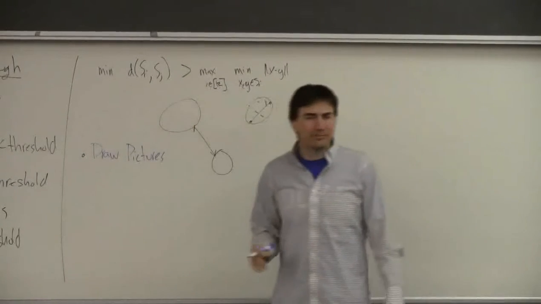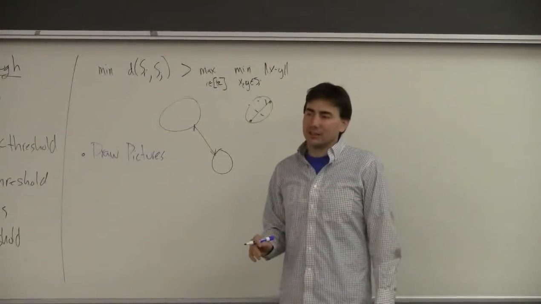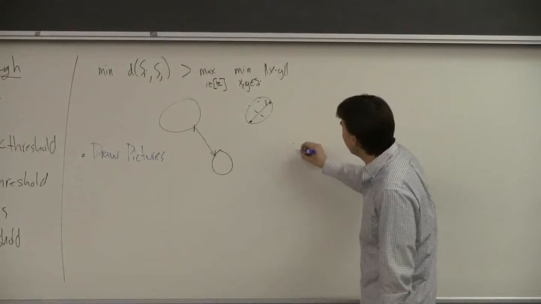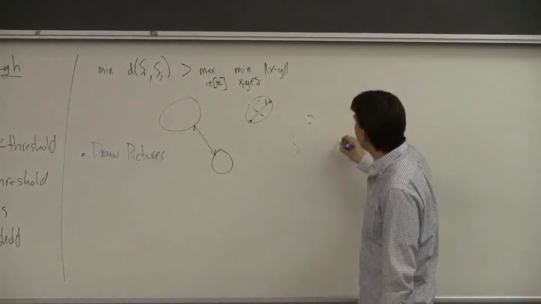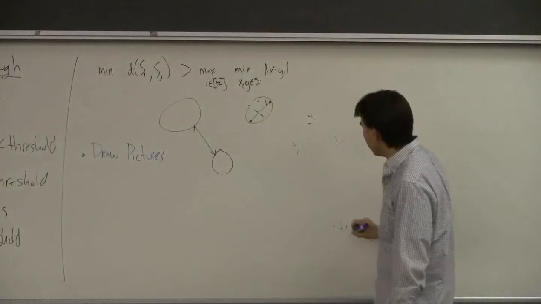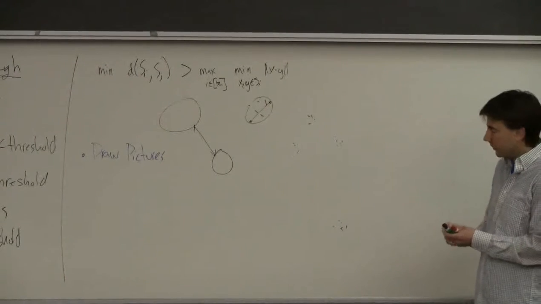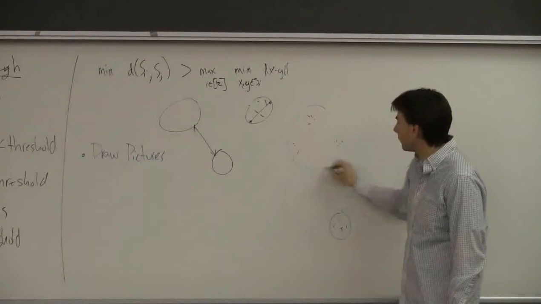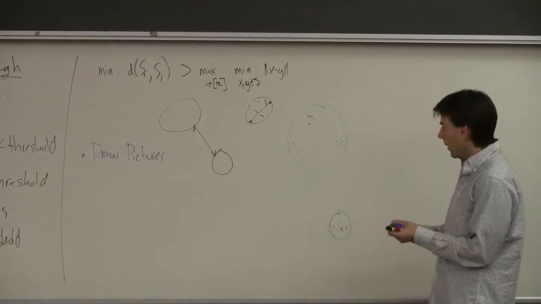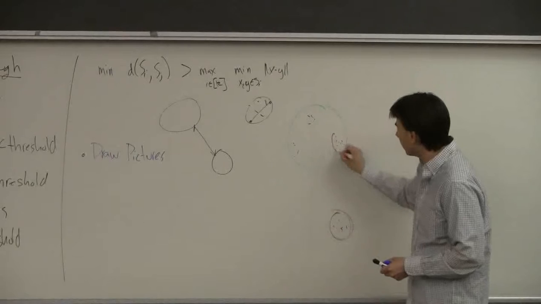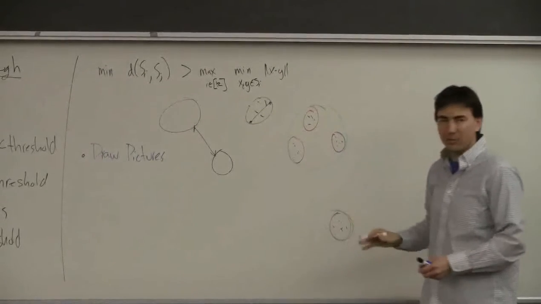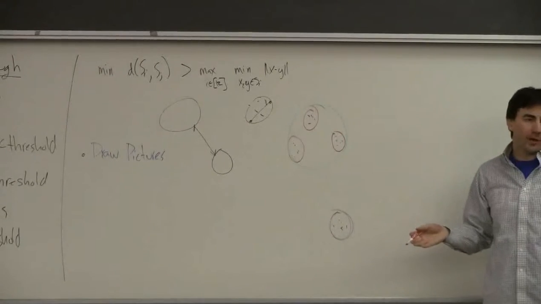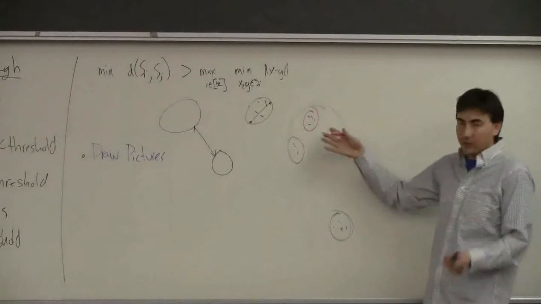Say your data looked like this, and it happened to be in 2D, and you said this was one clustering, or you said, well, there are 4 clusterings. Both of these answers are reasonable. It depends on what you're going for, which one you might want. But if you draw them, they both look reasonable.